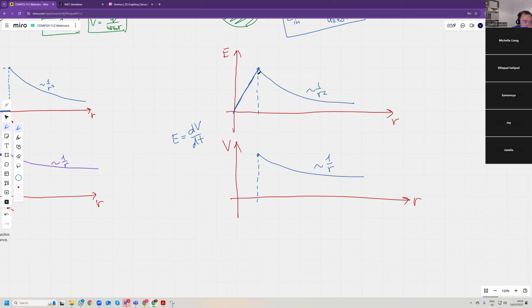That means if this is the derivative of V, and it's a linear function, then V must be a quadratic function. So it's going to be like this.